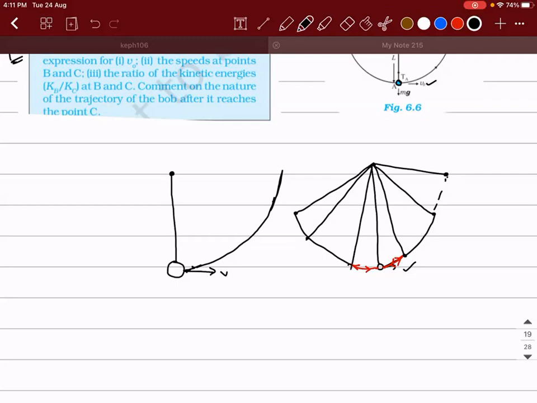Now, if you give sufficient velocity to it so that the particle is able to travel and reach the highest point, then whatever velocity it is having at this point will help it to complete the remaining circle. And this circle, since it is occurring in the vertical plane, this kind of a motion is called vertical circular motion.